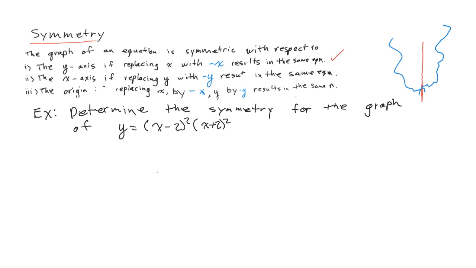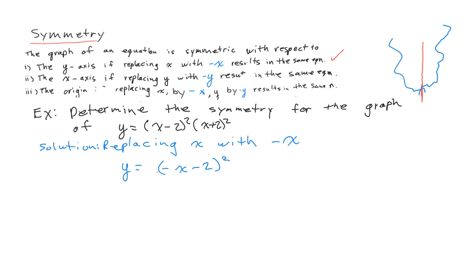We're going to try and check to see if the solution for the y-axis will work. So here's what we'll do. We'll replace x with negative x. Okay, so we'll start with y is equal to (negative x minus 2) squared times (negative x plus 2) squared.